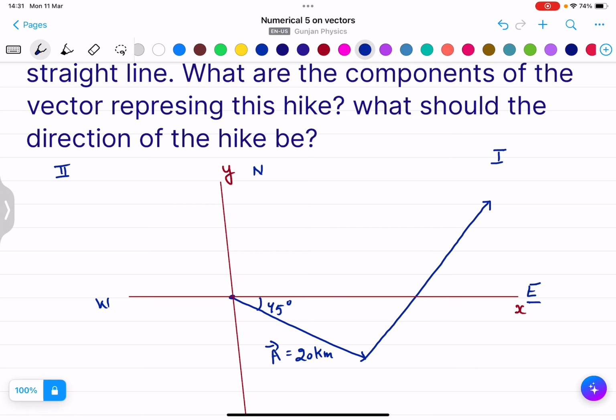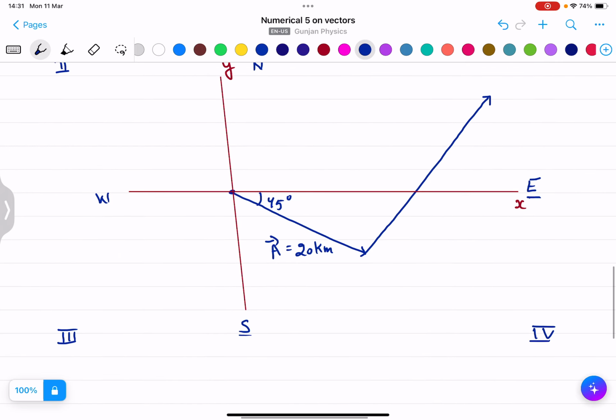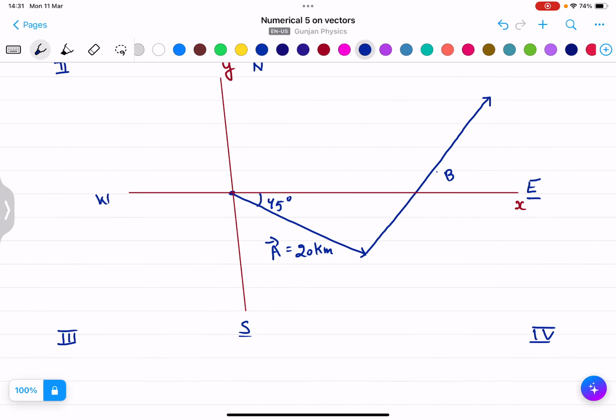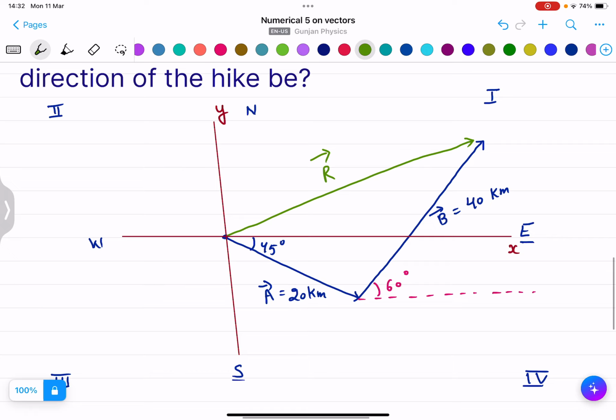And it walks how many kilometers? 40 kilometers. So let us say this is B vector and this is equal to 40 kilometers. And it is making an angle of 60 degrees from the axis. Now we need to calculate the resultant vector, that is this vector, right? So this is the figure of this question.